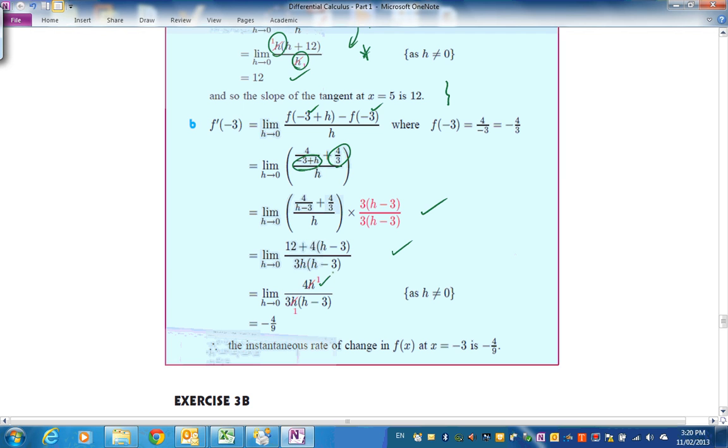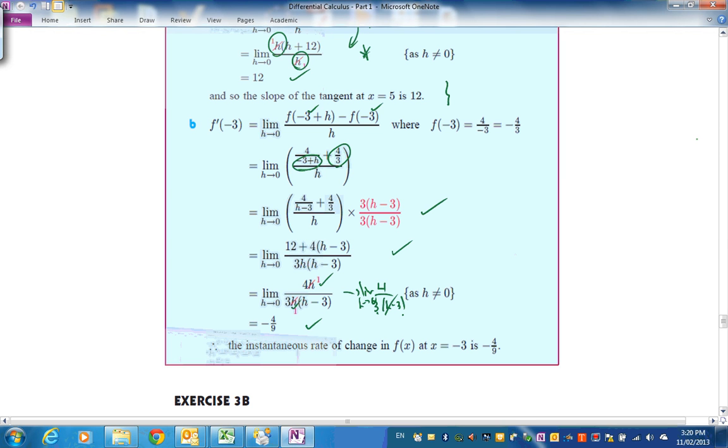Simplifying, again h must cancel, and then when you stick in naught, you get 4 over 3 by h take 3, the limit of that. I think I'd rather have an extra step in there. As h tends to naught, that tends to 4 over 3 times neg 3, which is neg 9.